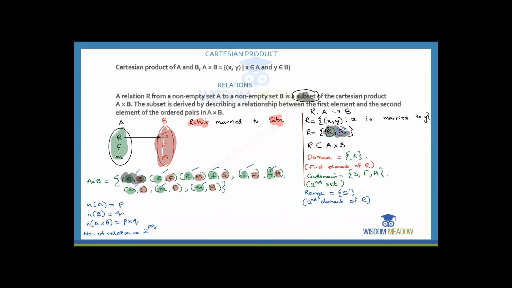That is, we have seen that if the number of elements in A is M, the number of elements in the power set of A, which is the possible subsets of A, is going to be 2 raised to M. Please check the previous slide for this concept. And so, using the same concept, since number of relations is the number of subsets possible, that is going to be 2 raised to PQ.